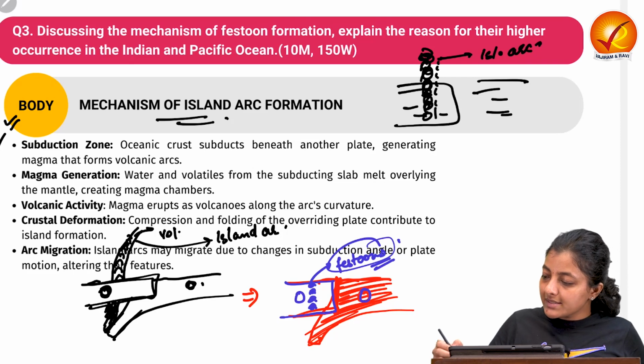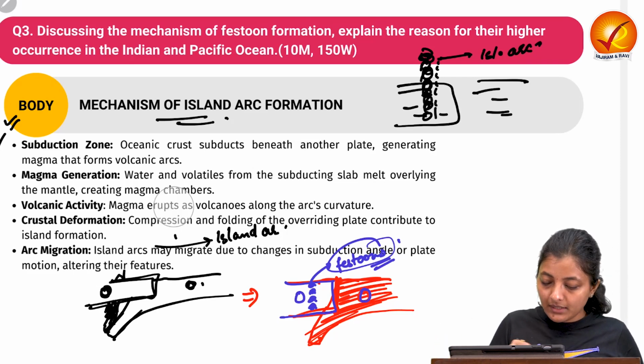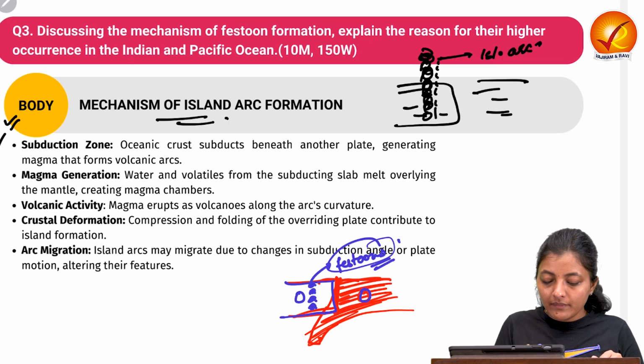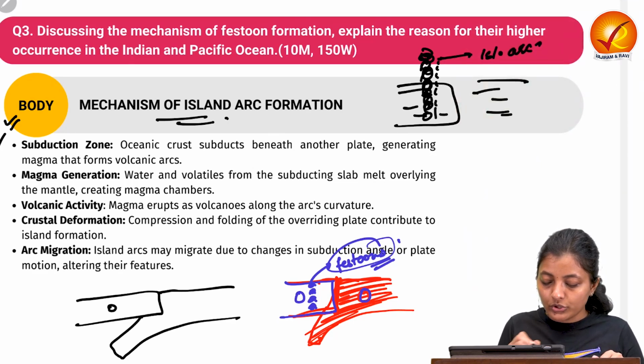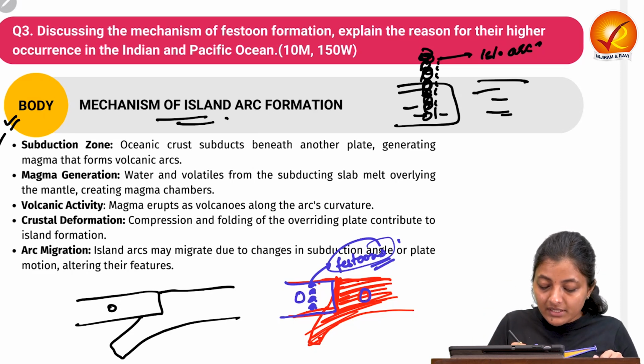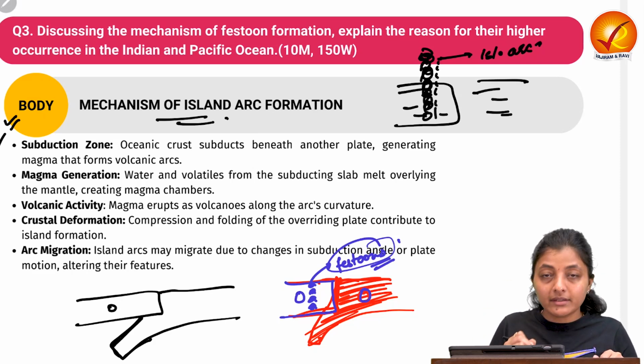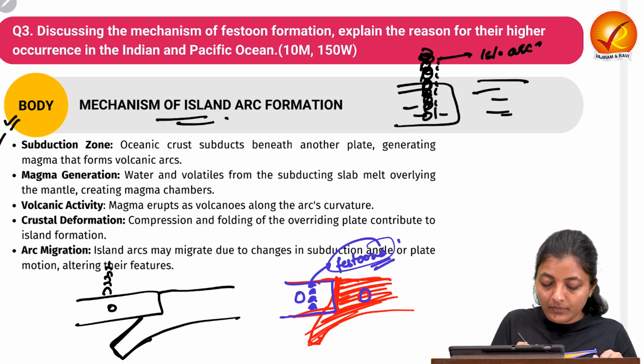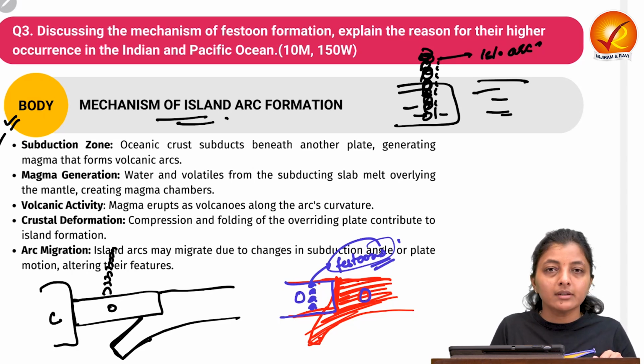So one more concept over here is that according to the convention, this is one oceanic slab and this is the subducting oceanic slab. The side which has the trench, and this is the volcanic range or the island range. So this is the continent.